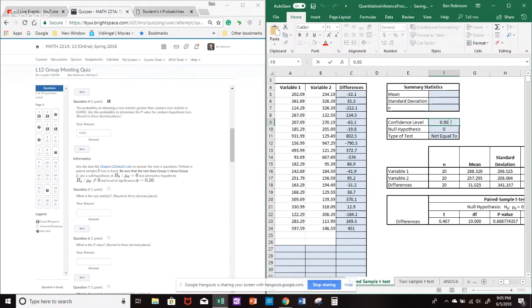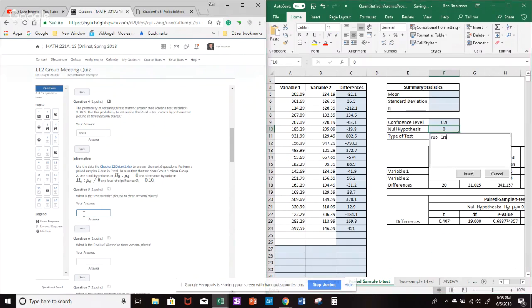What is the test statistic? Okay, we transfer our values into that quantitative inference, and we got it right there. We got the t, 0.407. This is the test statistic, right? Yep, I agree. Okay, thank you.